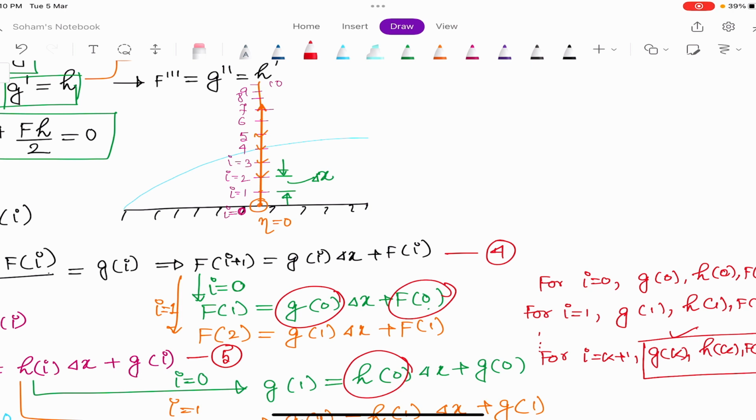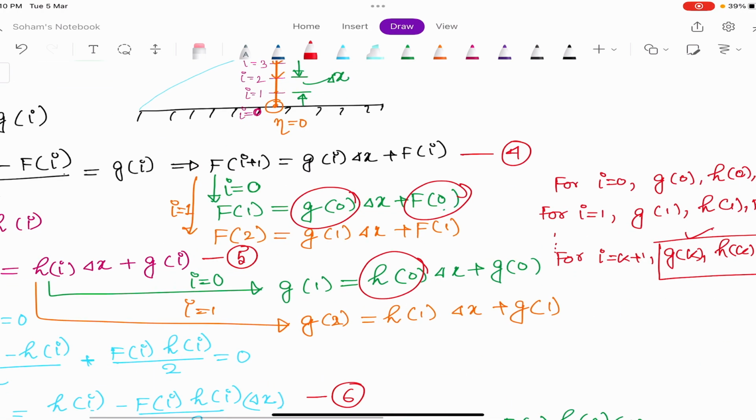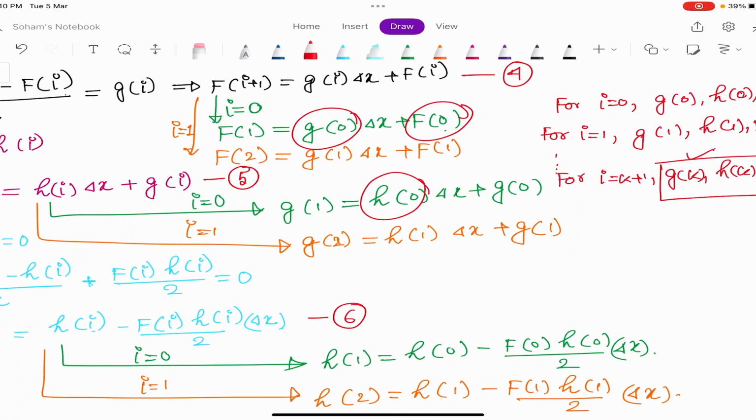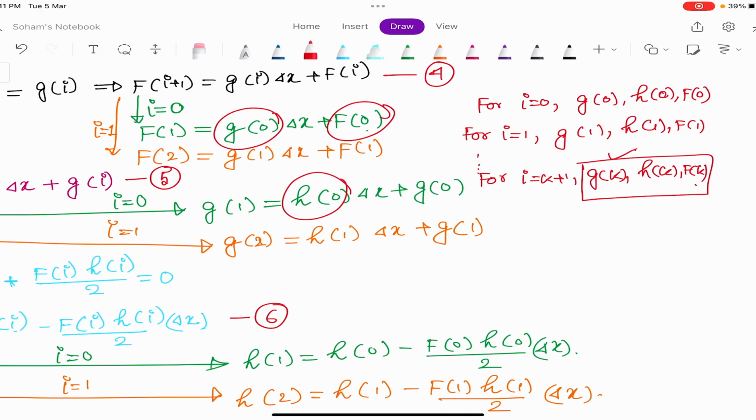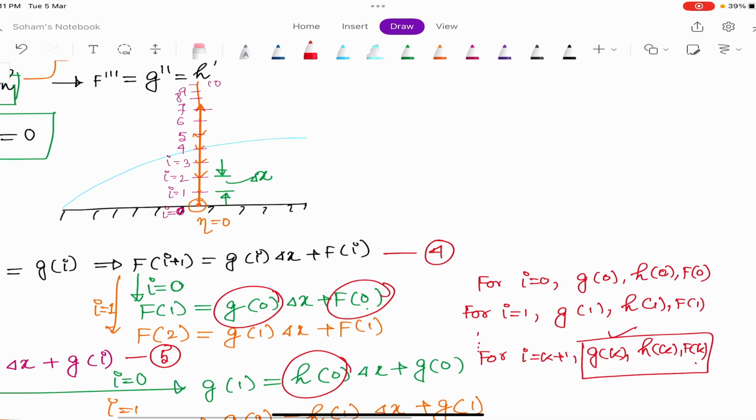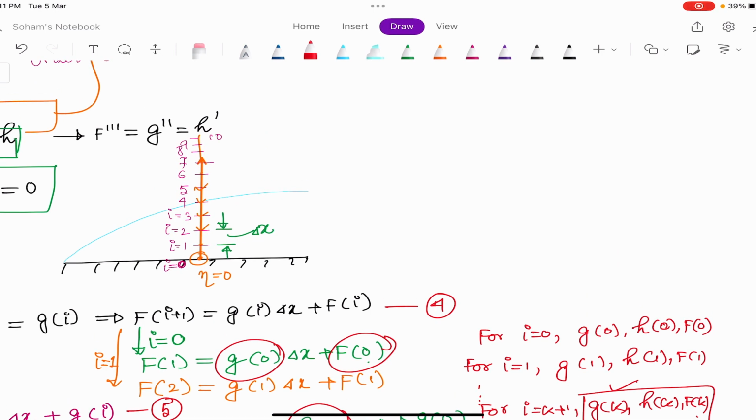That cannot be the case. Three variables have to be solved simultaneously. That was the first message: three equations, three variables solved simultaneously. And to start this engine of solution, we have to have g0, h0 and f0, those are the initial conditions. Let us see whether we have them or not.